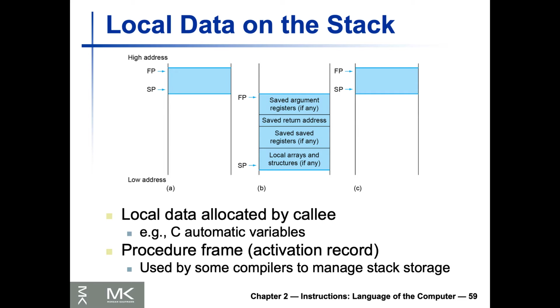So x8 in your registers always contains your frame pointer, FP, to point to the first double word of the frame of the procedure.